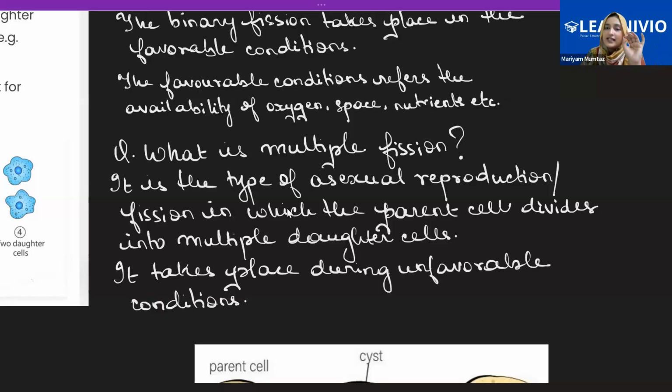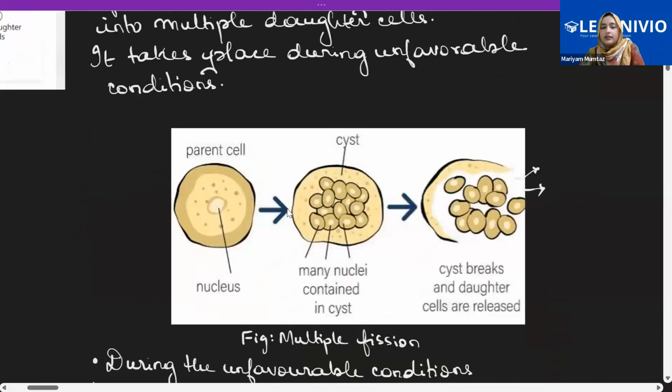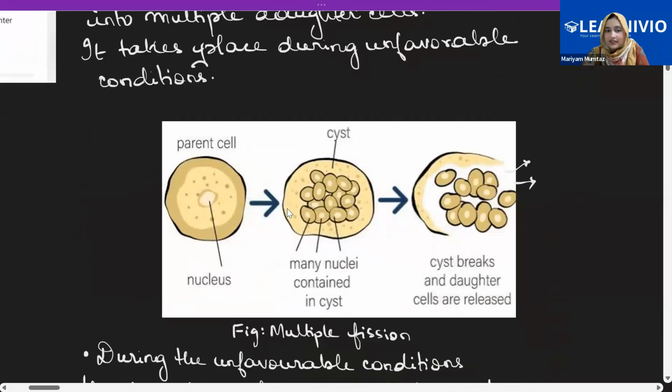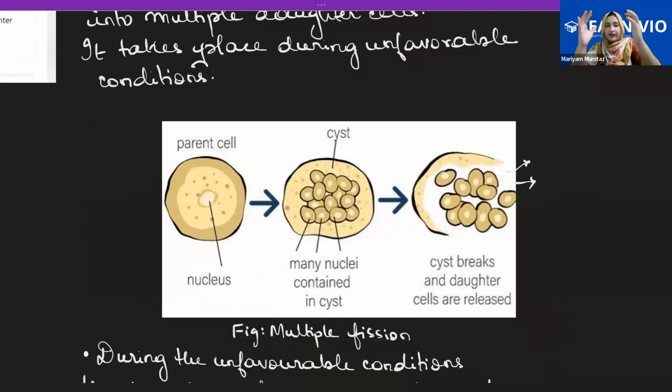The major difference is that mostly binary fission takes place at favorable conditions, whereas multiple fission mostly takes place during unfavorable conditions. So the parent cell is there, with one nucleus, and a very tough layer forms around the parent cell, and that is called the cyst.